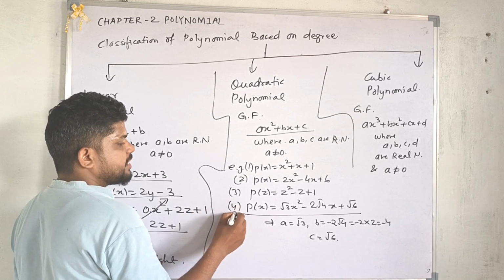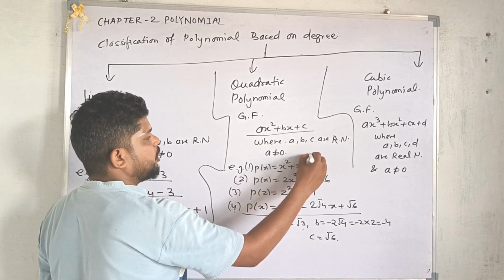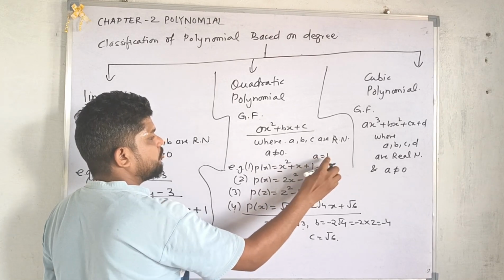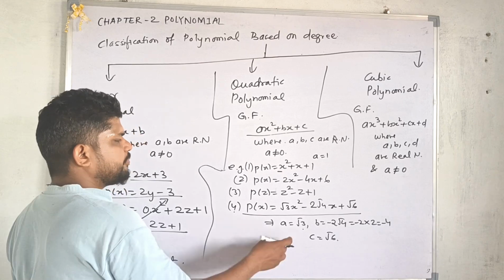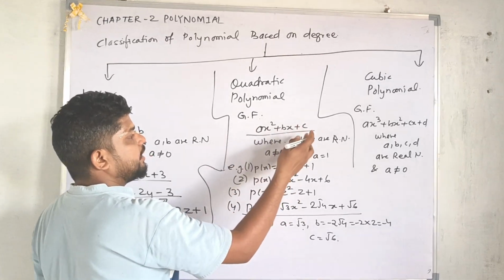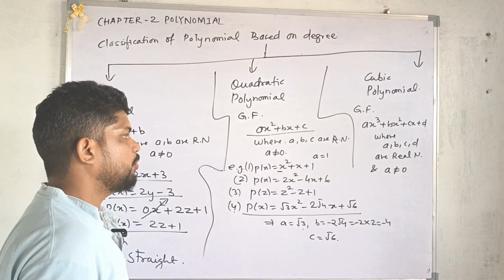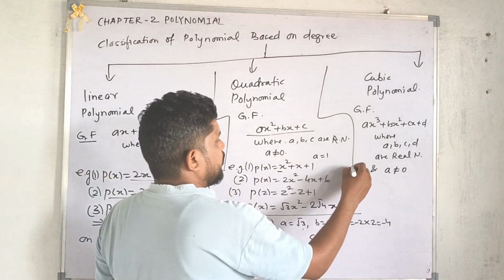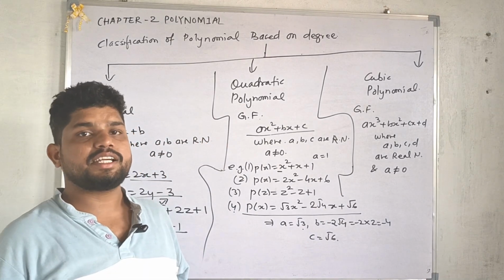From example number 4, you can see the value of a is root 3, and from example number 1, the value of a is 1. 1 is a rational number, root 3 is an irrational number. So a, b, c, which are the coefficients, are generally real numbers. Cubic polynomial is not there in the present NCERT syllabus.